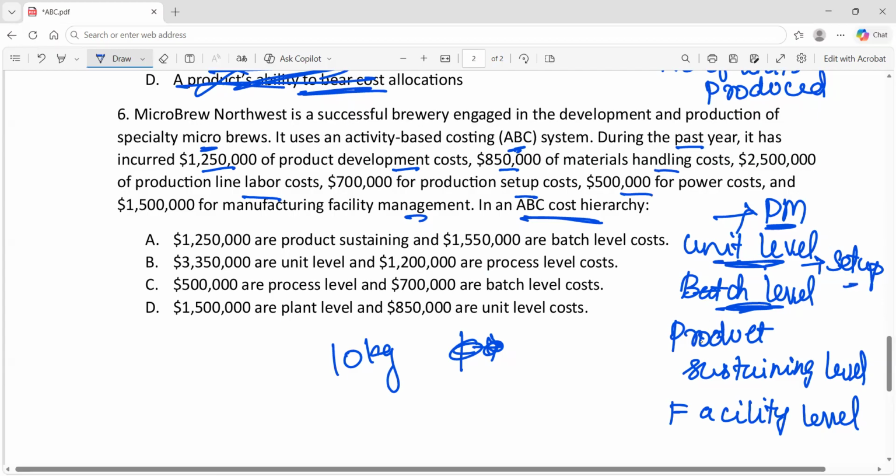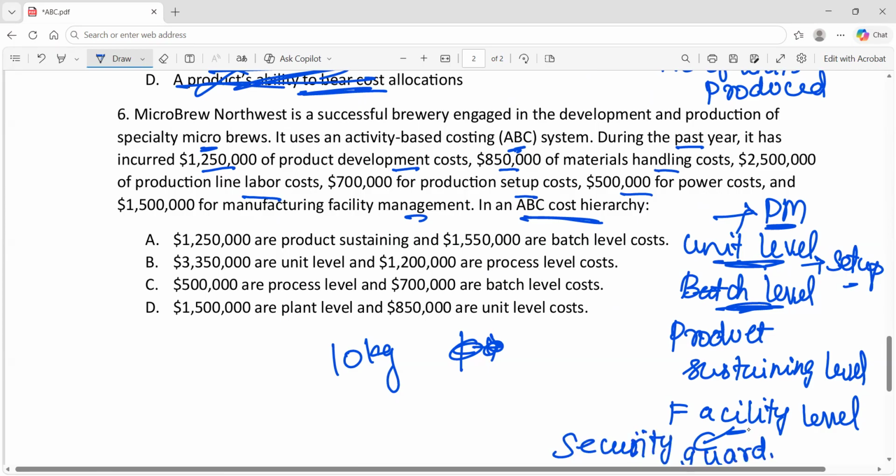Example is setup. Product sustaining is nothing but any cost that is incurred just because of producing one particular product. And an example of facility level could be your security guard, the salary paid to your security guard. It is not related to production.